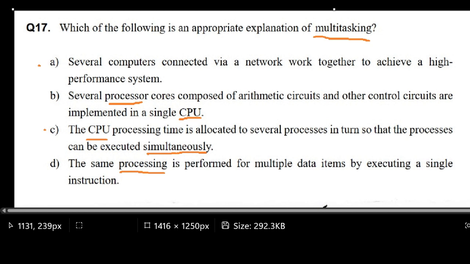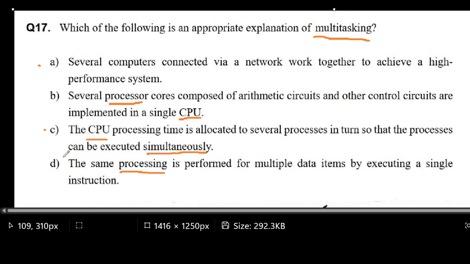It says here single instruction, so we can put it that in one process, it's executing that single instruction to do several items. That, if you think about it, can be multitasking, but it's not as clear as letter C. It's like you can do the statement letter D without doing multitasking at all.